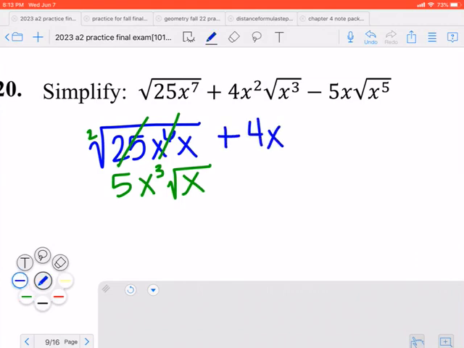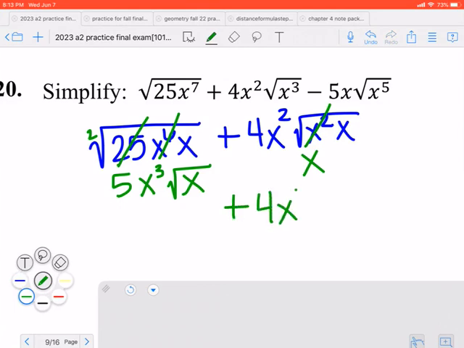Plus 4x squared times the square root of x squared times x. It's a square root, so I'm gonna make it x squared, factoring that guy. Simplifying, the square root of x squared is x. So this one would be plus 4x to the 3rd, because we've got the x squared in front. This guy came out, so multiply them together, times the square root of x.